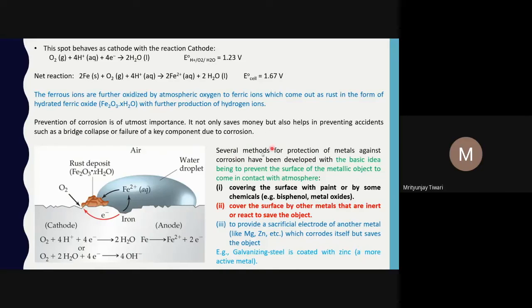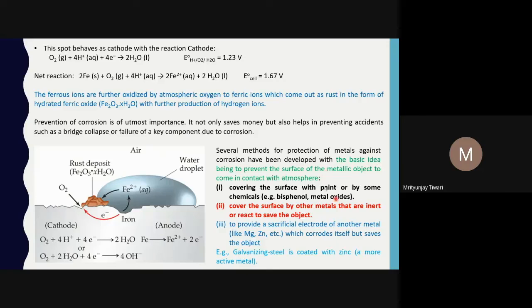So several methods for protection of metals against corrosion have been developed, and in all those methods the basic idea is to prevent the surface of the metallic object from coming in contact with the atmosphere. If you prevent the metallic surface from coming in contact with the atmosphere, it will not react with oxygen, water, water vapor or even H+ ions, so the corrosion will not take place.